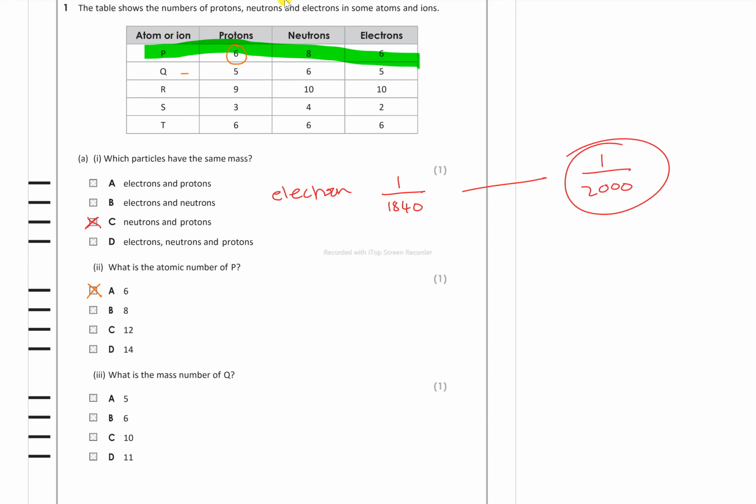Where's Q? Right, okay, this one here. So what you add is the number of protons and neutrons. And the answer will be 11. He says confidently. Before he can't add up. 11.